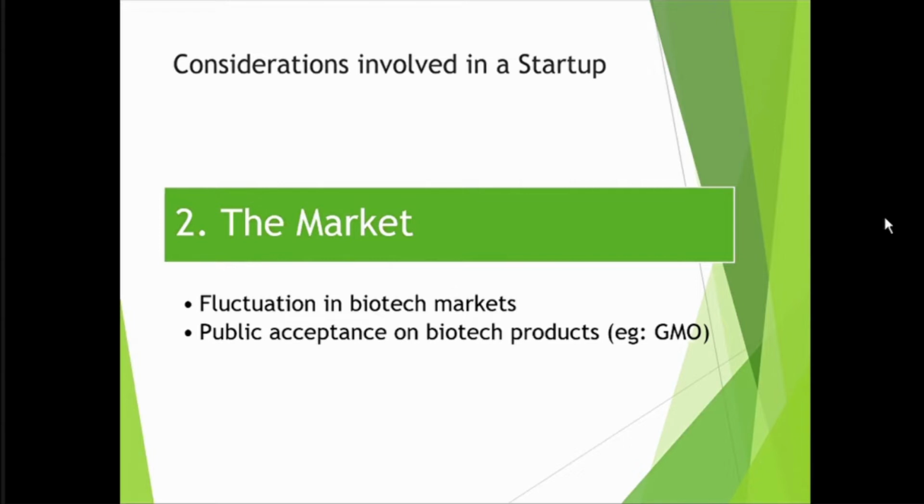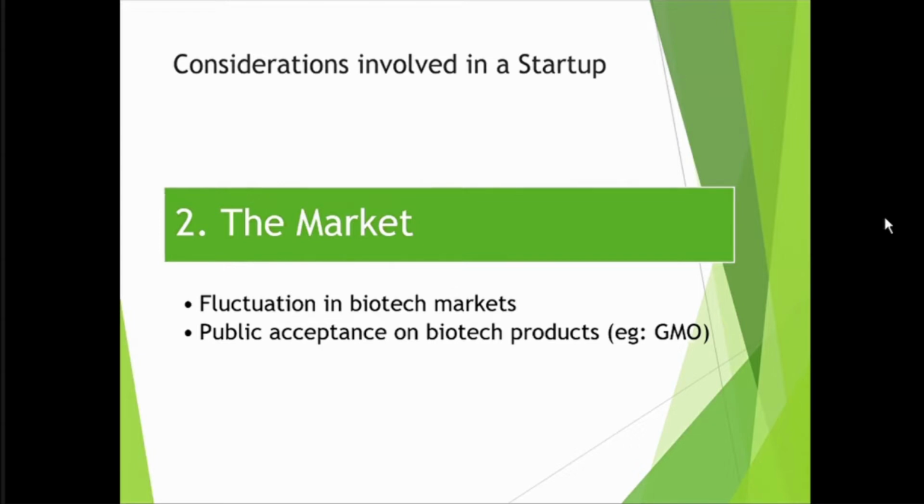Okay, but then we have this issue on public acceptance. Of course, before I purchased this product, I had already studied the background of the study and so on. But if I tell this to some of my friends or family members, that this is actually a GM product, they won't accept it if I want to give them this corn.